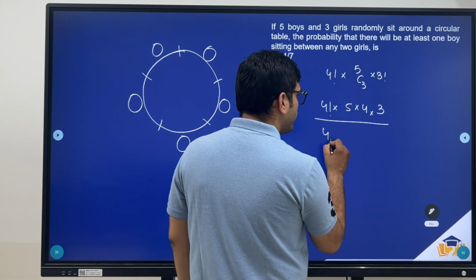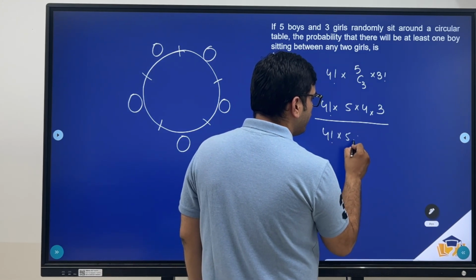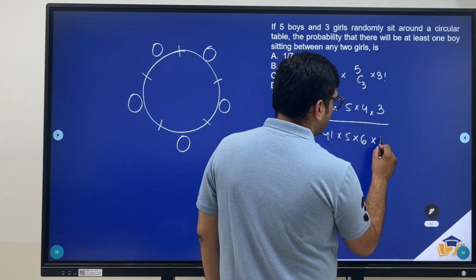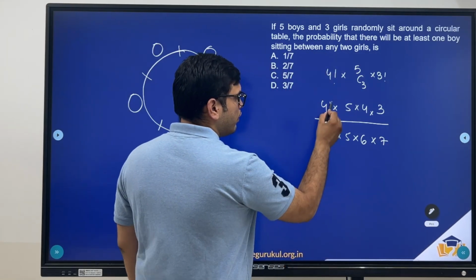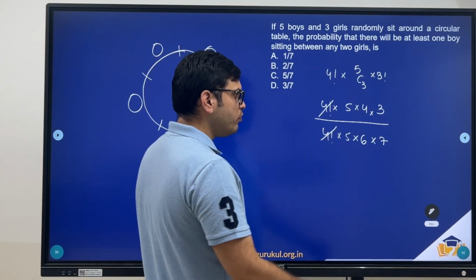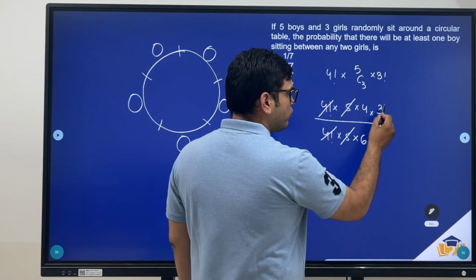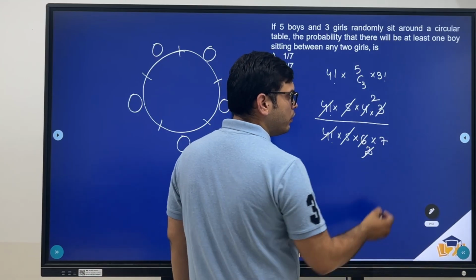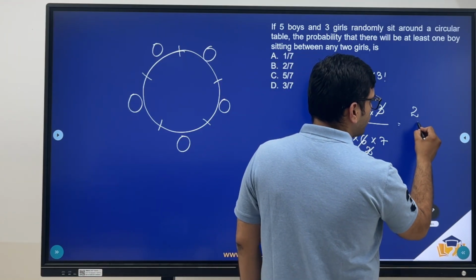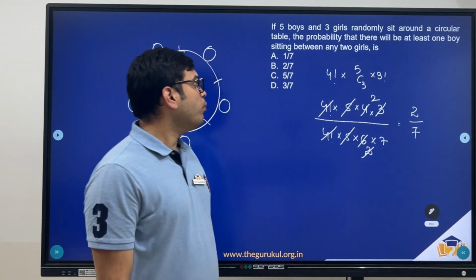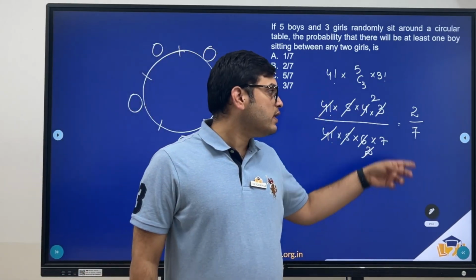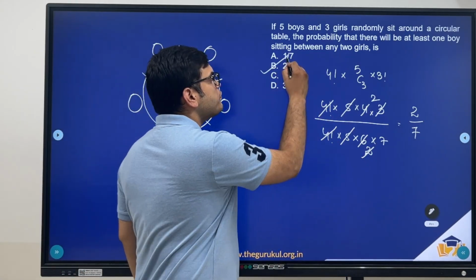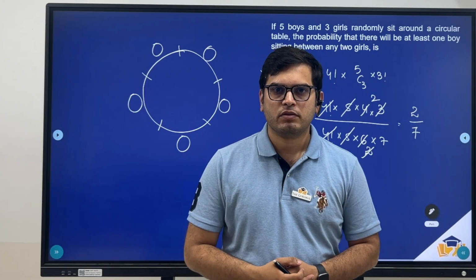So I can write this as 4 factorial into 5 into 6 into 7. I can cancel these two, I can cancel these two. 3 2s 6, 2 2s 4. Right. So the probability of having at least one boy sitting between any two girls is 2 by 7. Hence option B should be the answer to this question.